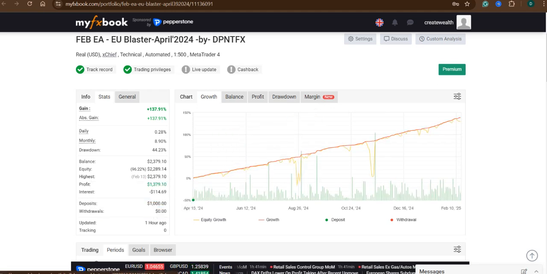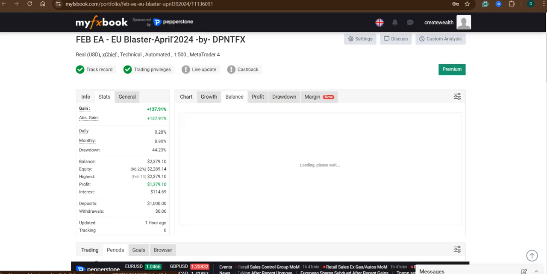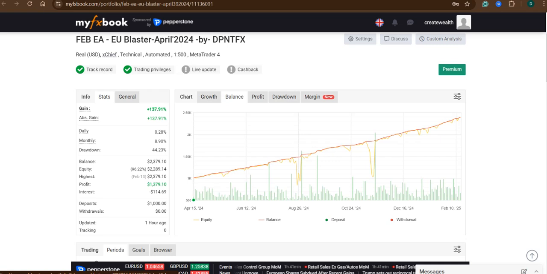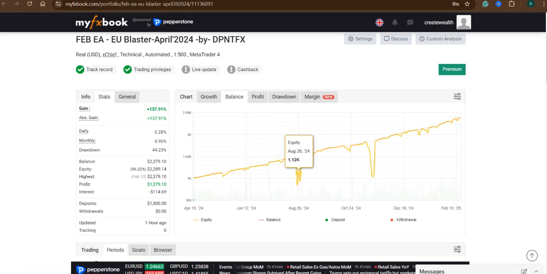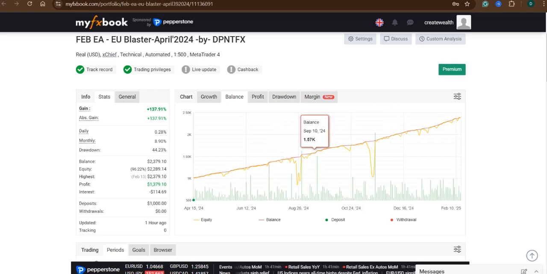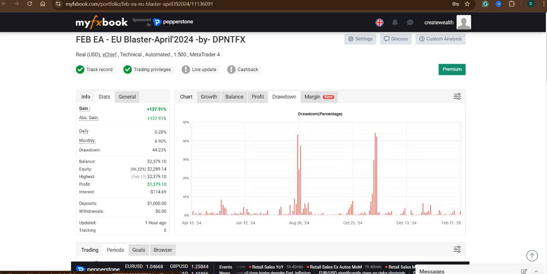However, the EA has sustained in the last 10 months, and if you see the balance graph, it seems that in August and November there were two dips. Let's see the drawdown graph.